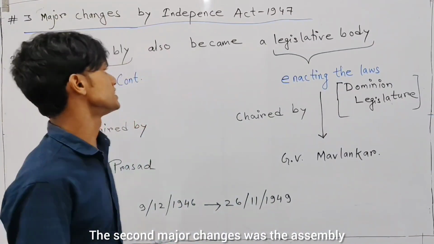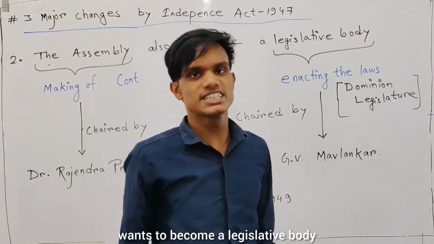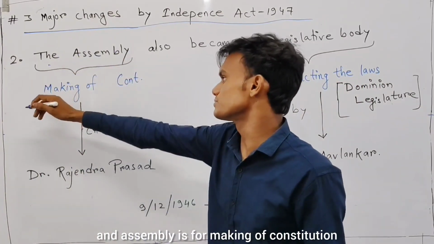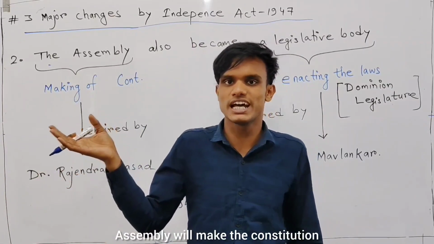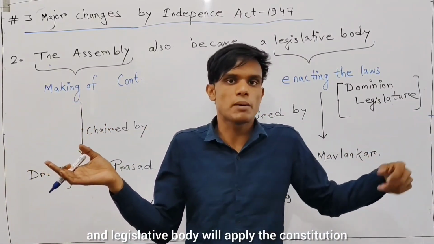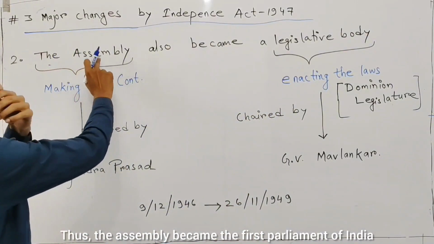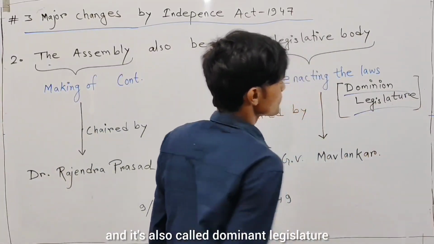The second major change was that the Assembly also became a legislative body. A legislative body is for enacting laws, and the Assembly is for making the constitution. The Assembly will make the constitution and the legislative body will apply it. Thus, the Assembly became the first parliament of India, and it is also called the dominion legislature.